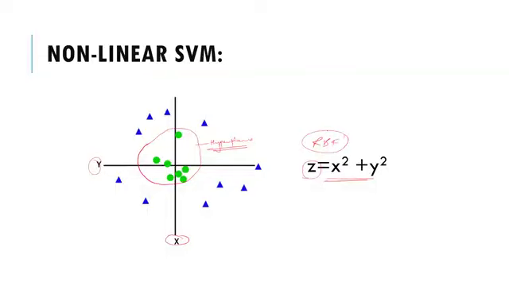Now you cannot view the data first of all, because you have more number of features in it. You cannot view it and you cannot decide which kernel to be used. So it is just trial and error. Whatever kernels are available, you just try one after another and see which kernel is giving you the best results.